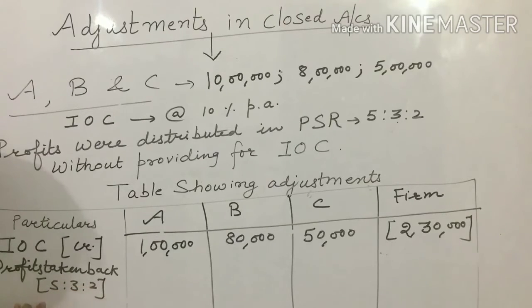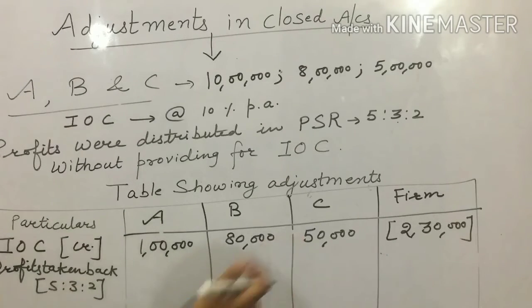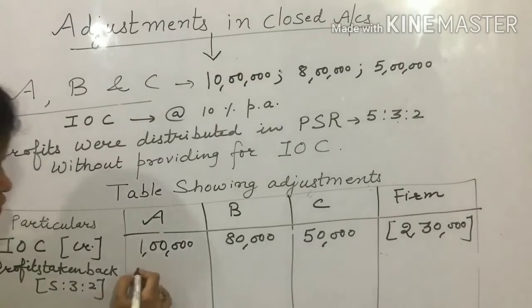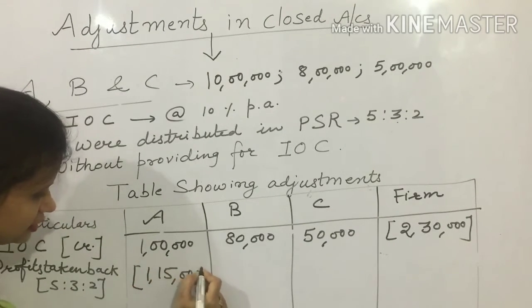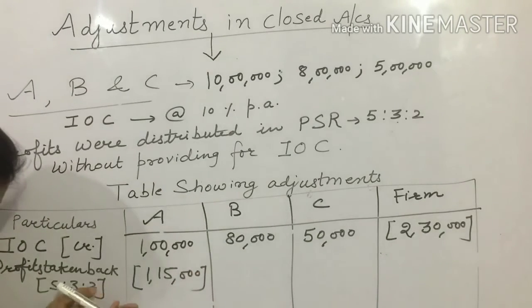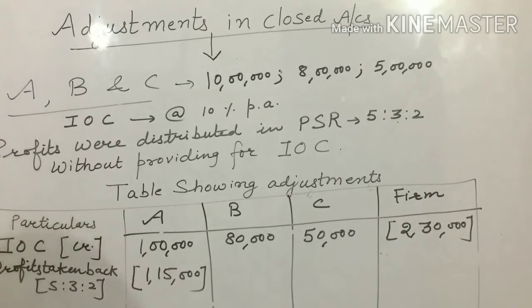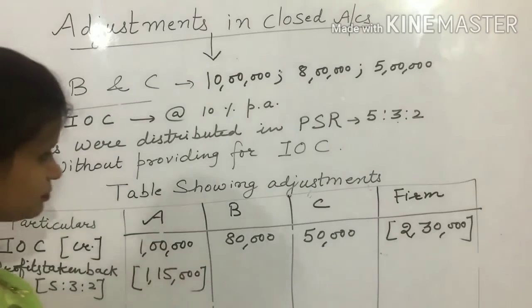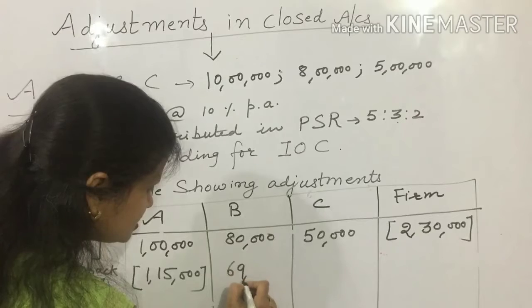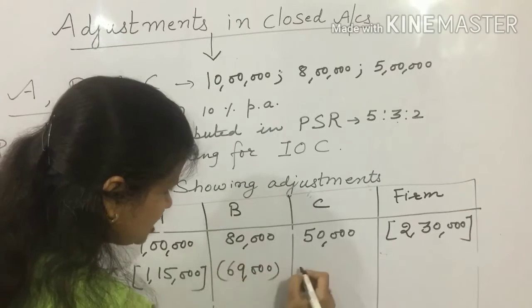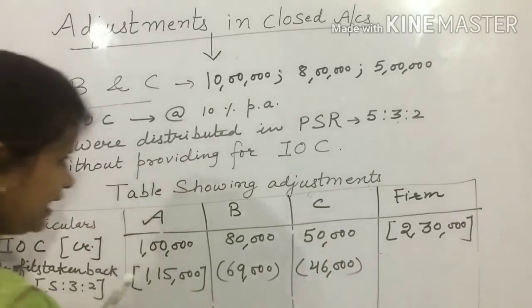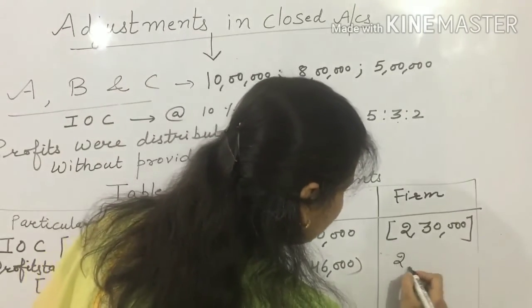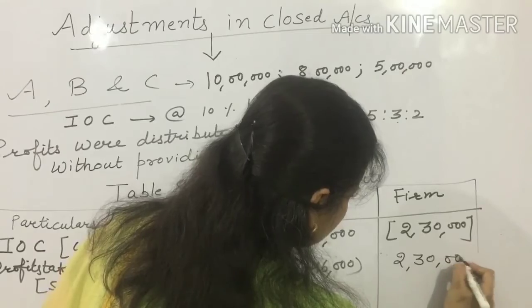So, they will be taken back in this ratio. 2,30,000 you will take back in this ratio. So, A will be debited with 1,15,000. Debit I am representing in brackets and credit without brackets. And B, it will be debited with 69,000 and C will be debited with 46,000. And firm will get a total credit of 2,30,000.